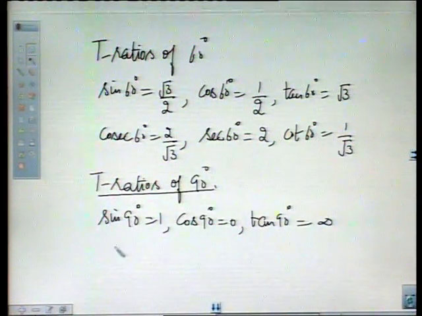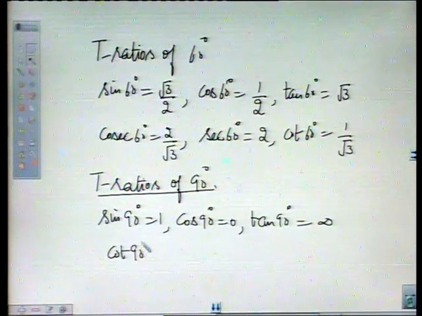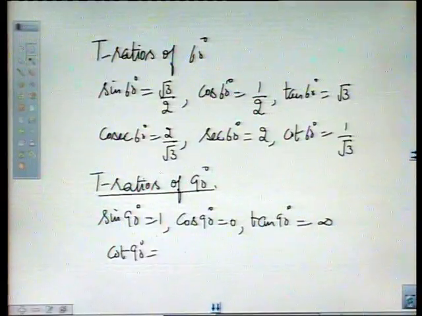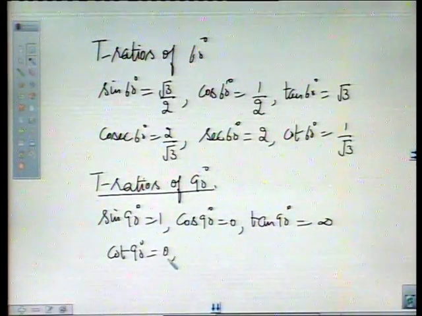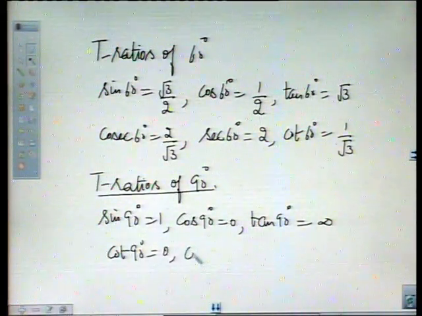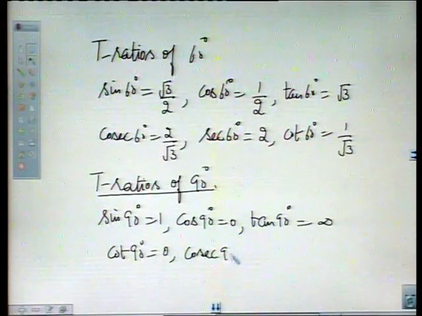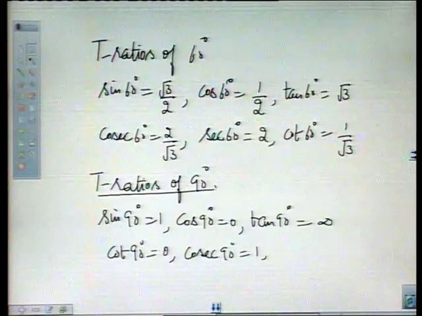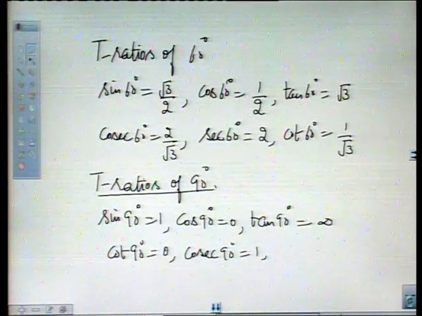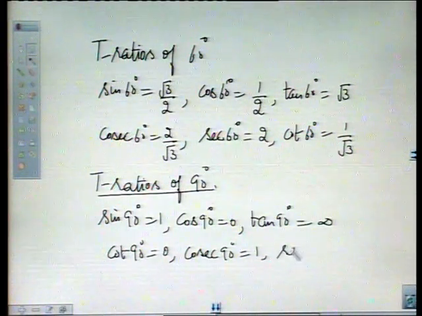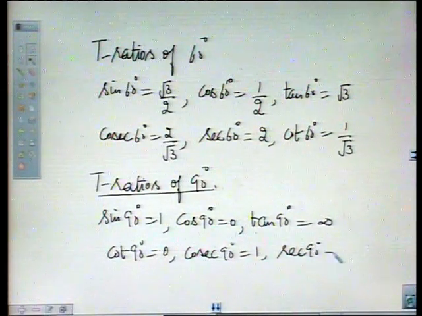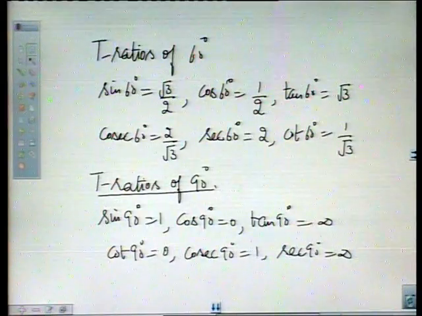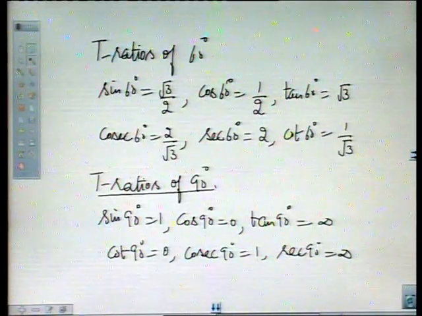Then cotangent 90, the reciprocal of tangent, will come out to be 0. Sin 90 is 1, it means cosecant 90 will also be 1, and last cos 90, the reciprocal of this is secant 90, and this value comes out to be infinity. Now we know all the T ratios from 0 degree to 90 degree.